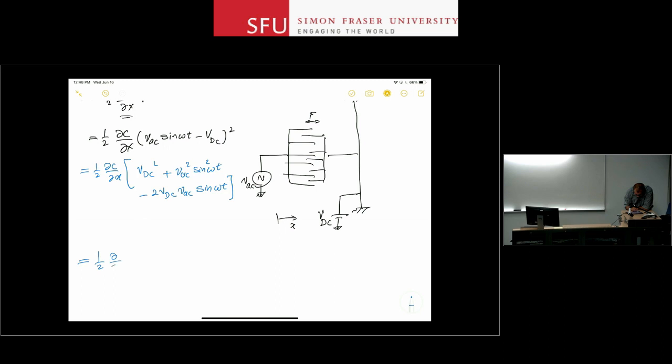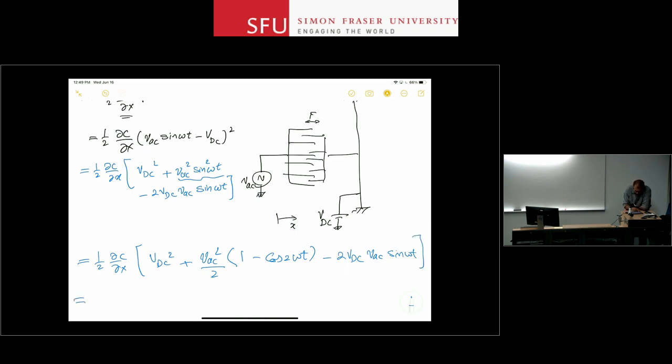your 1/2 dC/dx times VDC squared plus, if you go back to your trigonometry, you can remember that sine squared omega t, you can write it as (1 minus cosine 2 omega t) divided by 2. So it is VAC squared times (1 minus cosine 2 omega t) divided by 2, minus 2 VDC VAC sine omega t.